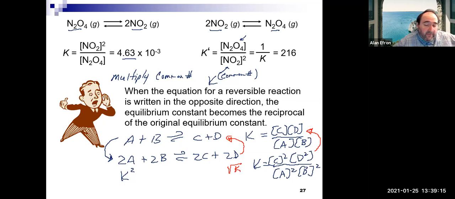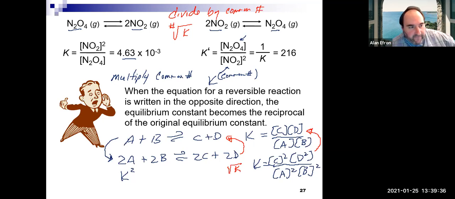We divided by 3, we would take the cube root, divided by 4, take the 4th root, and so forth. So if you need to manipulate by dividing by a common number, you basically take the K to that common root. And so those are probably the 4 most common sort of manipulations that you sometimes have to do.